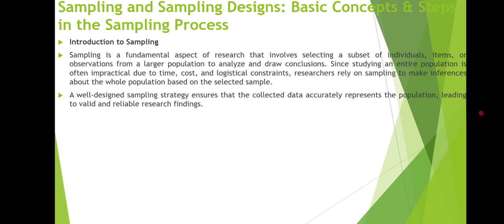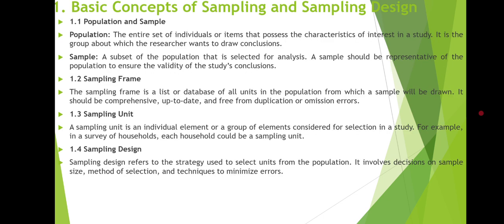We take three districts out of the whole of Himachal Pradesh. The three districts we take are called the sample, and Himachal Pradesh is the population, and that sample represents the whole population, that means the whole Himachal Pradesh. So this is called the population and sampling.